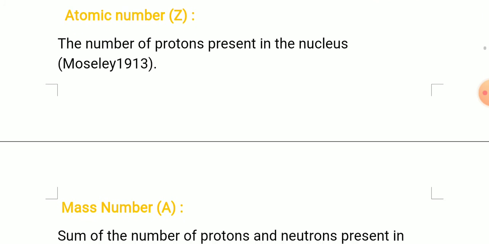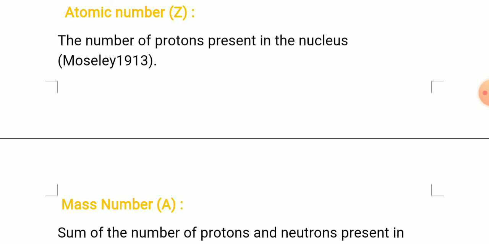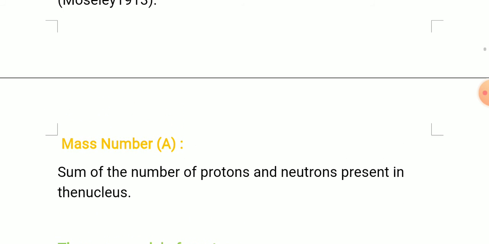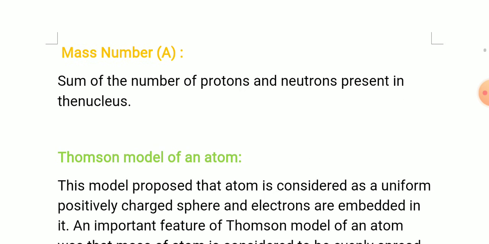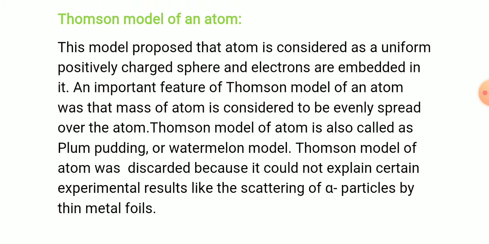Now, atomic number, which you have already studied in class 9, is the number of protons present in the nucleus. Henry Moseley discovered atomic number in 1913. Mass number is the sum of the number of protons and neutrons present in the nucleus.